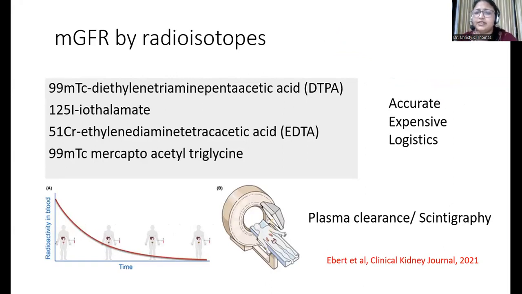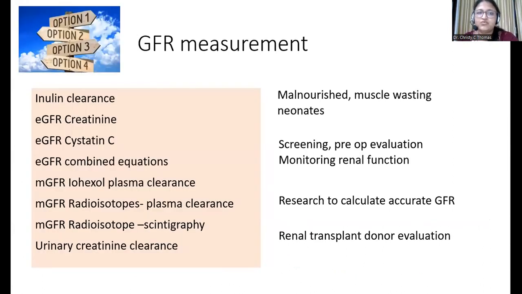Again, the issue is that even though they are accurate, they are expensive, and arranging the logistics is also difficult. From these molecules, either you can check the blood level and assess the plasma clearance, or you can get the imaging by scintigraphy to assess the measured GFR.